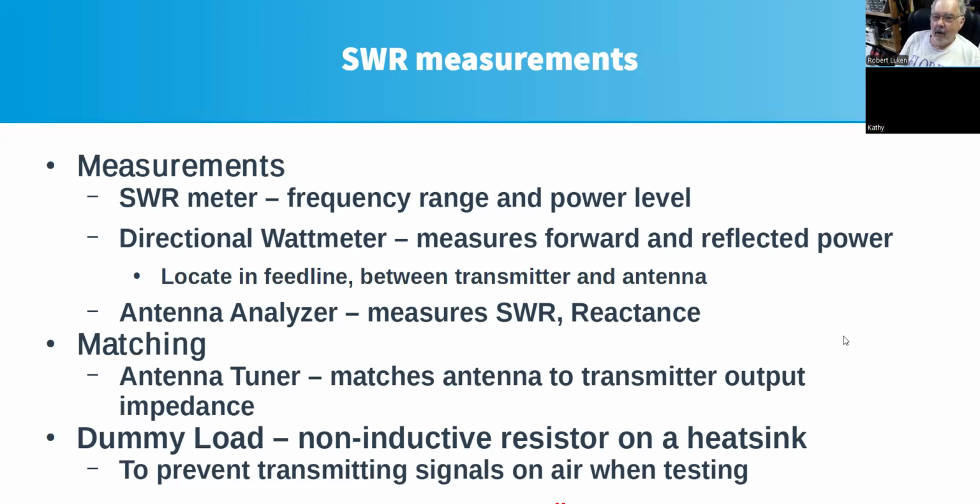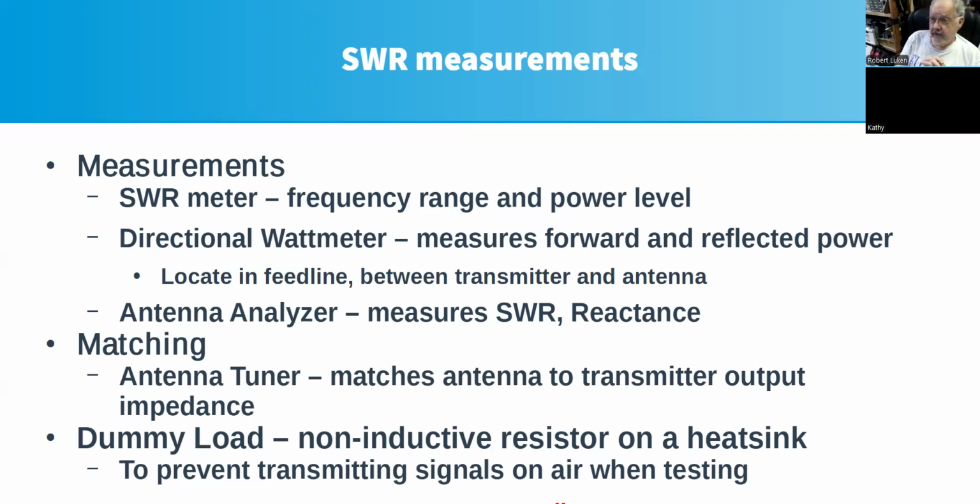Let's see. Oh, the different ways of measuring. There are SWR meters, both analog and digital, that will, in some cases, I think most of them I've seen, show you your SWR and forward and reflected power.